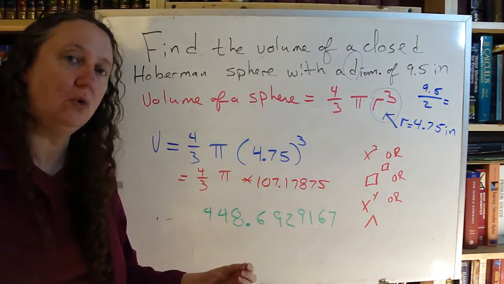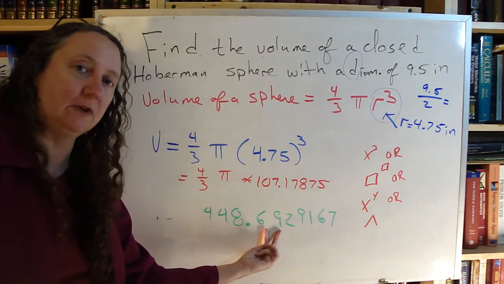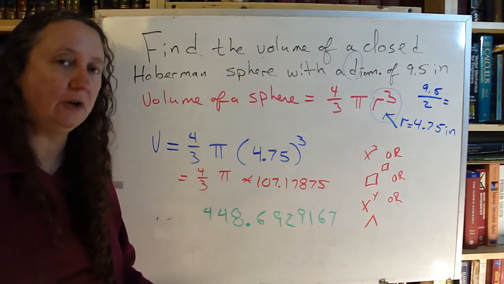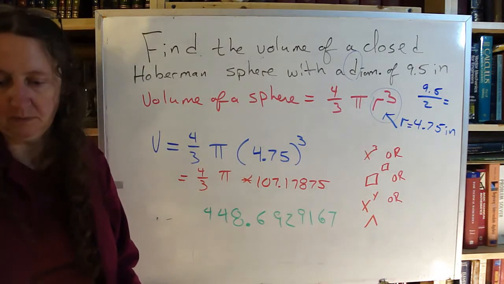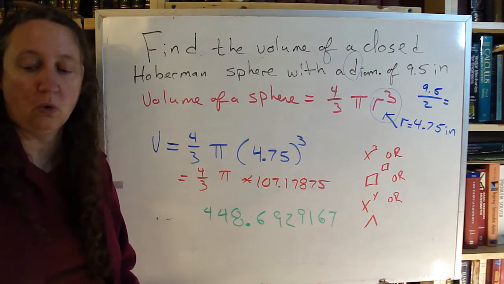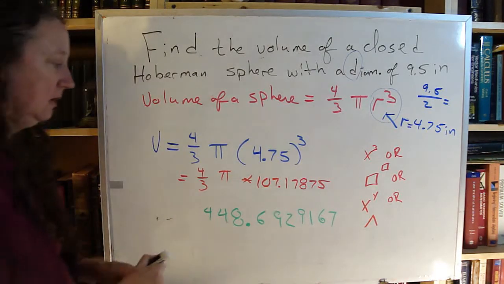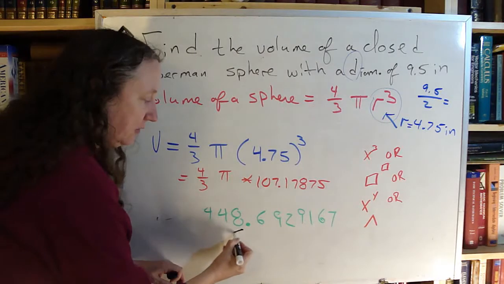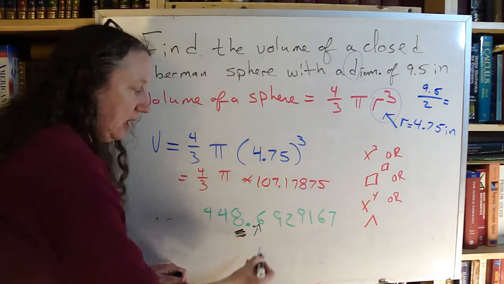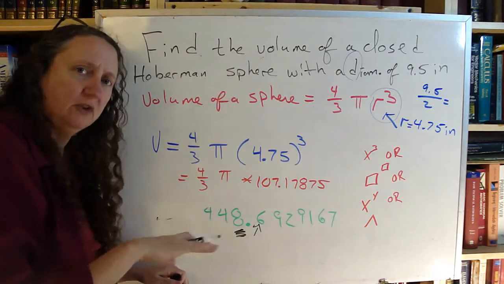If you are not told where to round it, a good place to round it is 2 places after the decimal point. Going back to the original question as it's written in the book, it says round to the nearest whole cubic inch. So that means I want to round it to the ones place, which tells me I need to look at the number after the decimal to tell me, does it go up or does it stay the same?